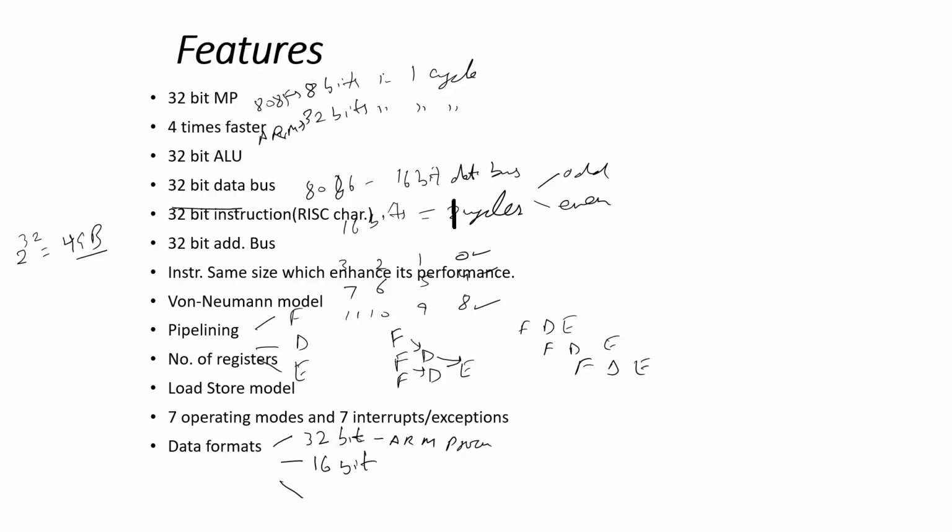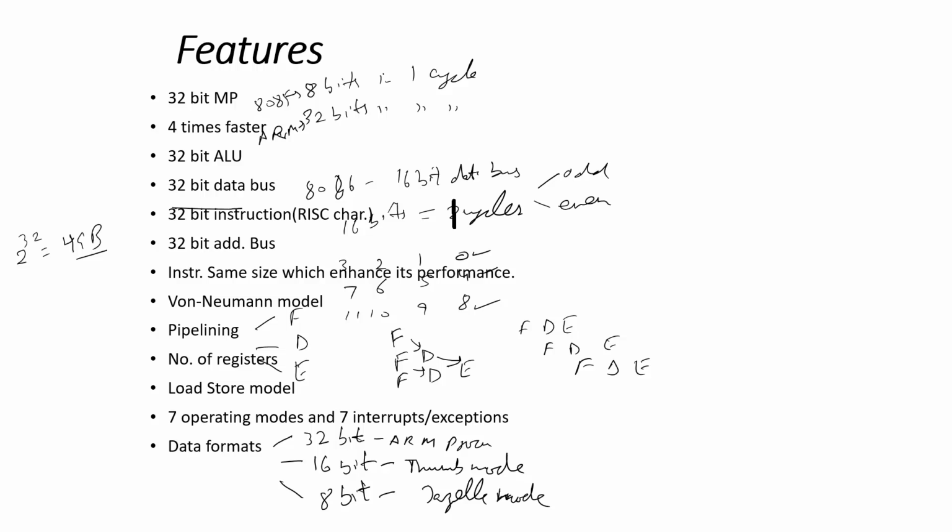Third one is 8-bit. When it performs 16-bit, it is called Thumb mode, and when it behaves as an 8-bit processor, it is indicated as Jazelle mode.